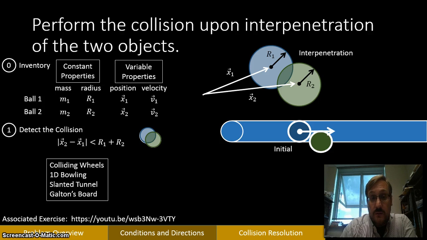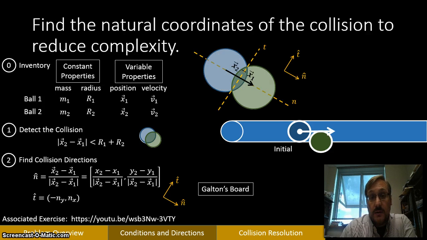And when we resolve the collision, we're going to have to figure out the important directions, right? That's what you did in Galton's board. You figured out these directions for two round objects. In some other exercises, you did these things for a wall and a ball, for example, and you figured out the distances between those two things, and the normals and tangents between them.